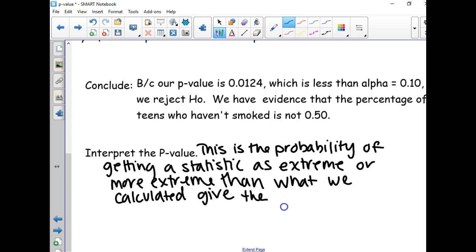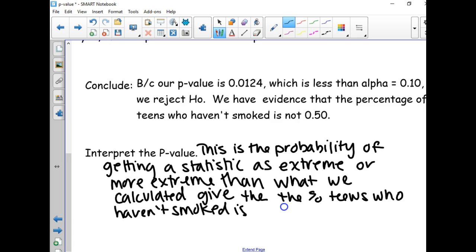Well, what's the null hypothesis? The null hypothesis is what should have happened. The percentage of teens who haven't smoked is 50%.